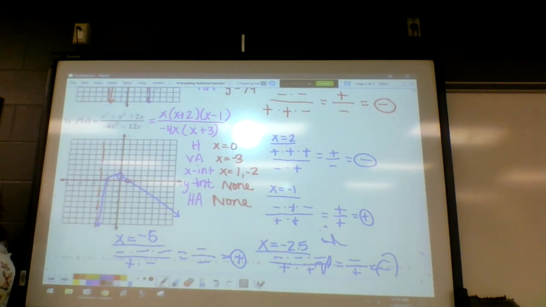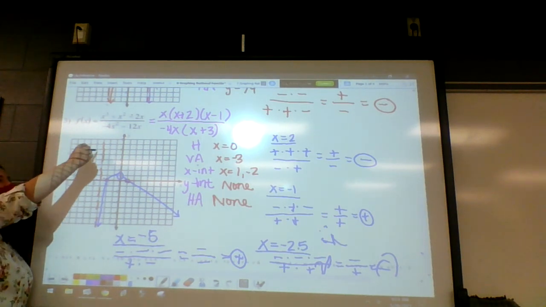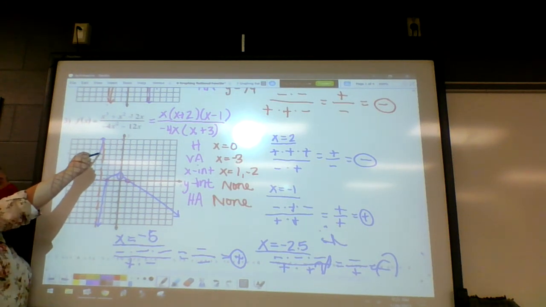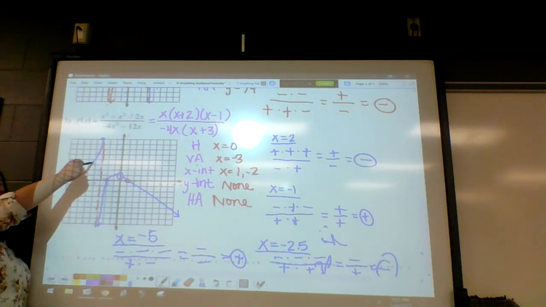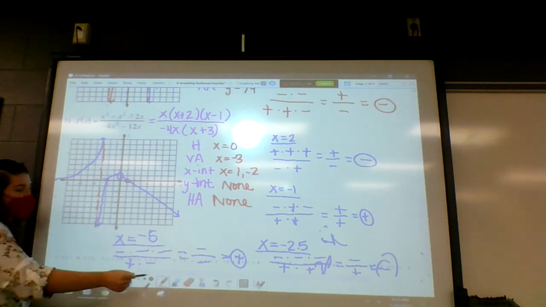All right, let's finish this one. We're super close. So up here in the positive world, it has to go up along the vertical asymptote, right? From there, what is it going to do? It couldn't go all the way to the bottom. It's not going to go like this because that would make it a horizontal asymptote, right? So that's out.